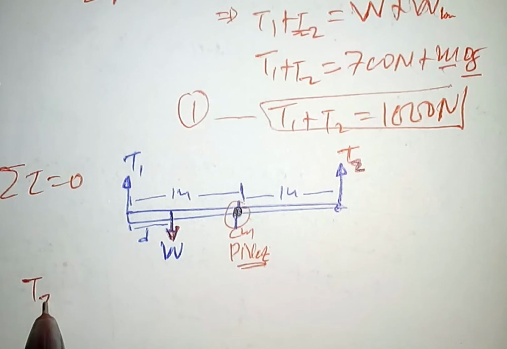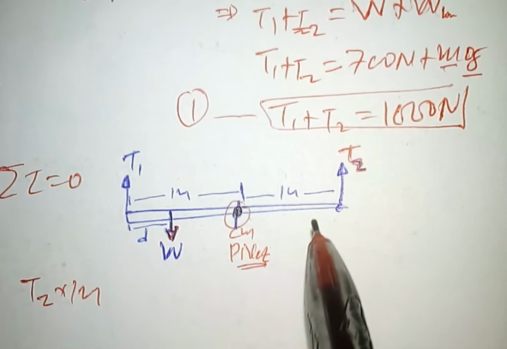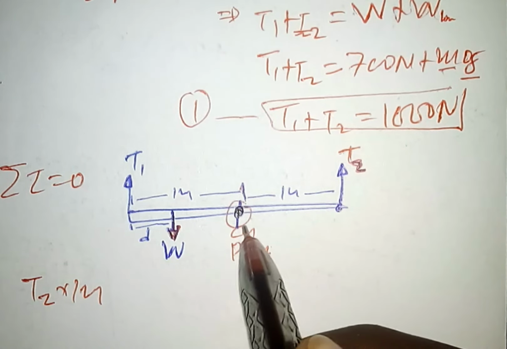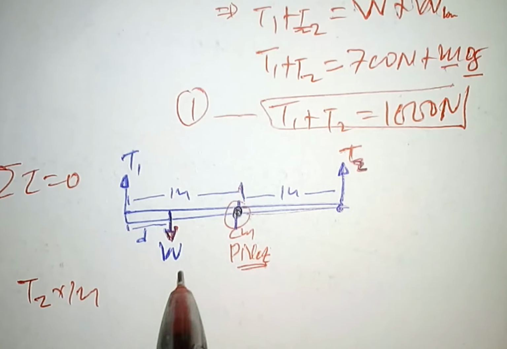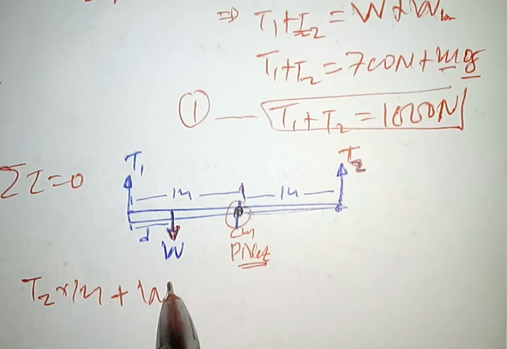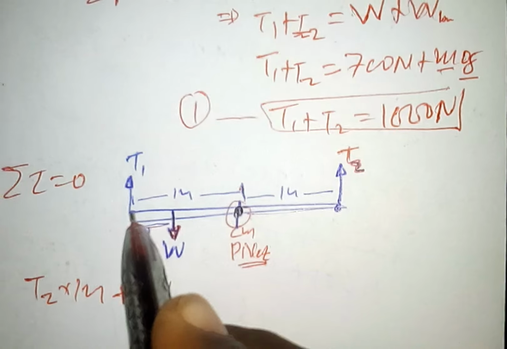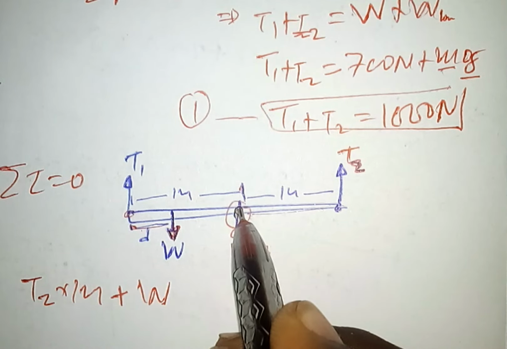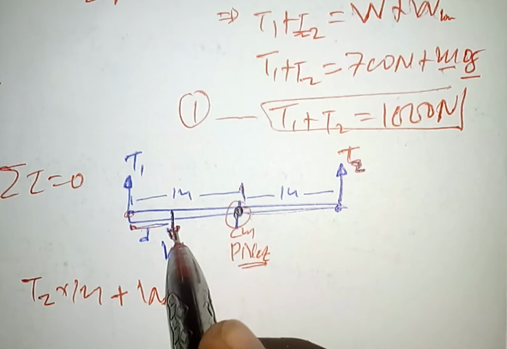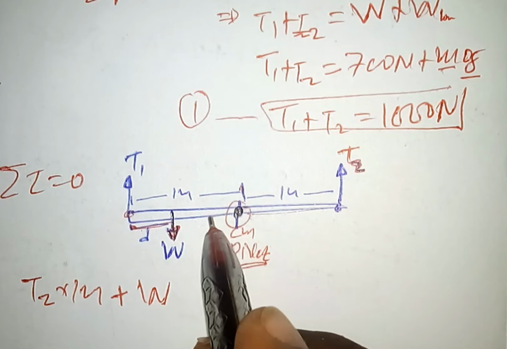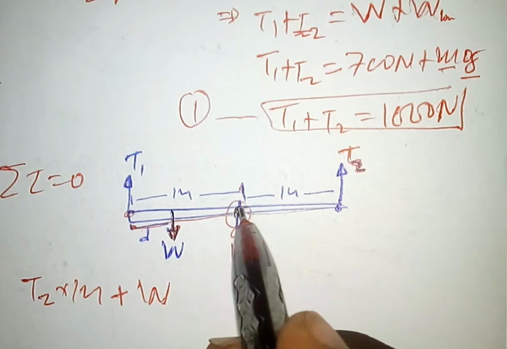So I can say T2 times 1 meter, because the rod is 2 meters and the center up to T2 is 1 meter. This is the weight W hanging from the bar, and D is 0.5 meter; from this point up to the center is 1 meter, so D is 0.5 from this side and also 0.5 from the other side.